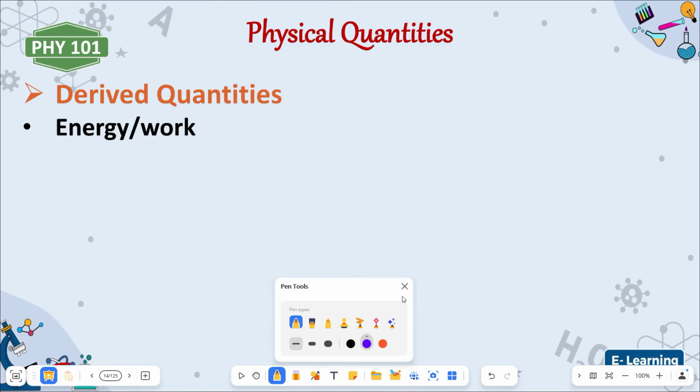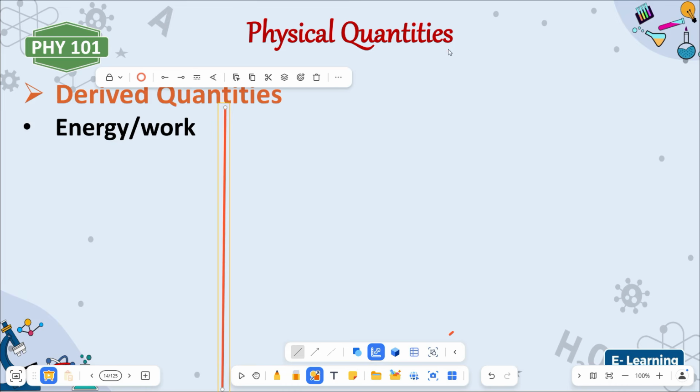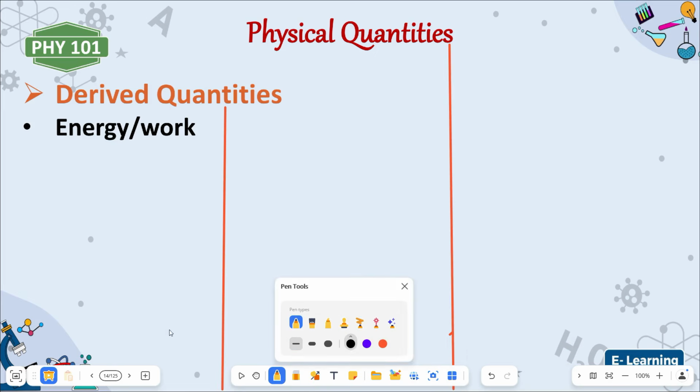The next one is energy and work. Work done, let me break this down into different categories, because work done can be in the form of energy. All right? What did I say is the formula for work done prior to this time?